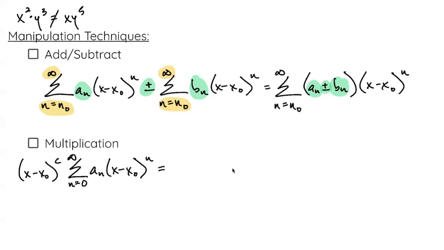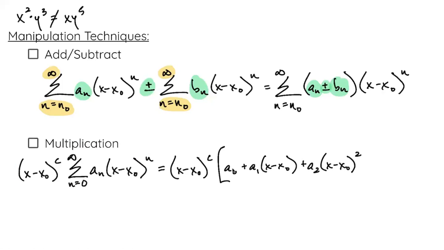Maybe what we could do is write out the first part and then expand the second part, right? So x minus x naught to the c. And if we write out the expanded form of the power series, not the whole thing, but just a few terms, a sub 0 plus a sub 1 x minus x naught plus a sub 2 x minus x naught squared.